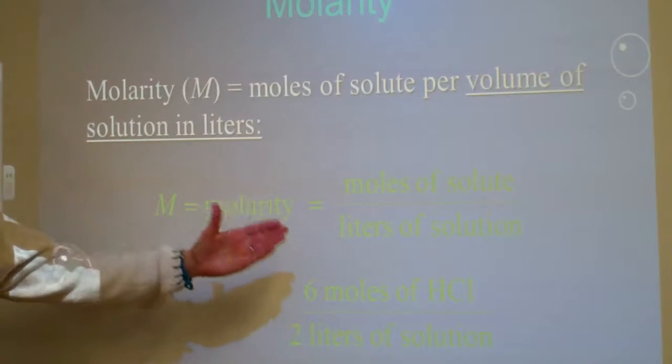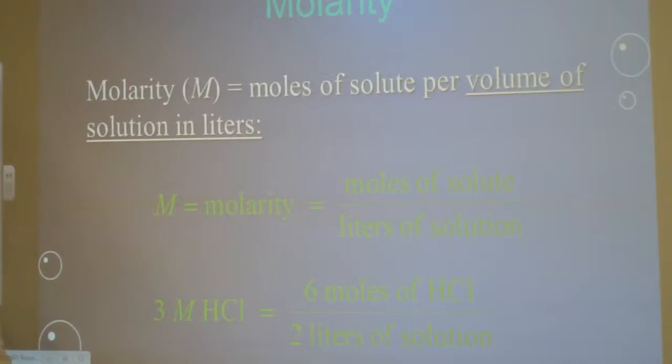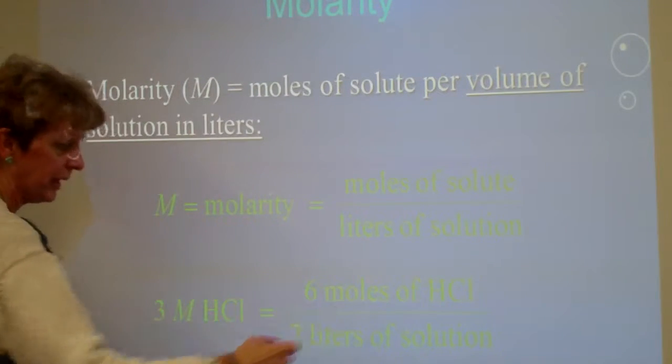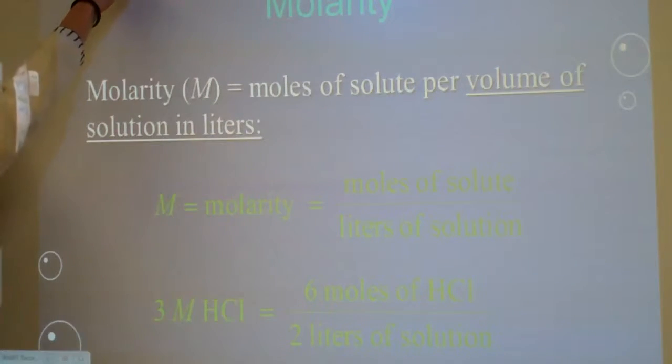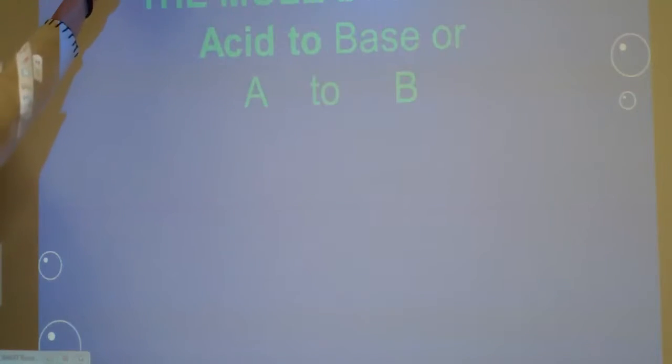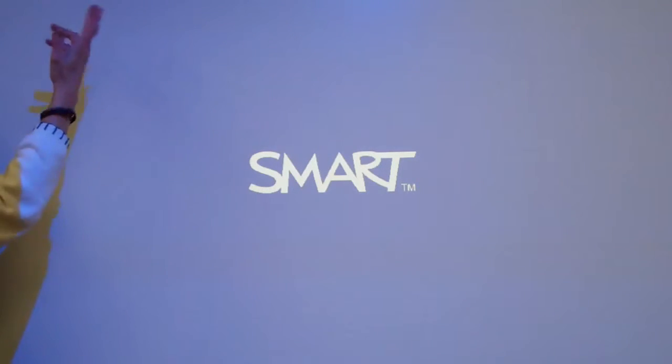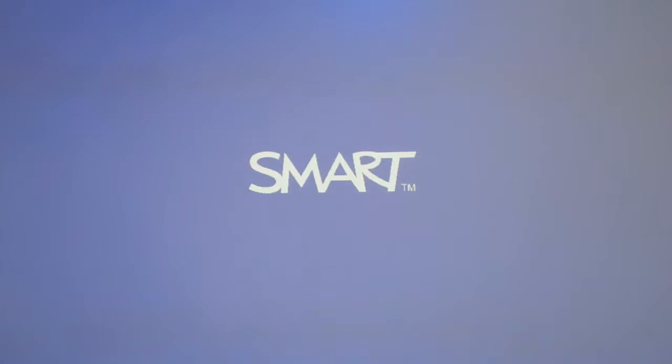So all you do is remember molarity is moles over liters, and then solve. You can use the big M, but I'll show you, you probably want to use this double label for molarity. Big M, okay?